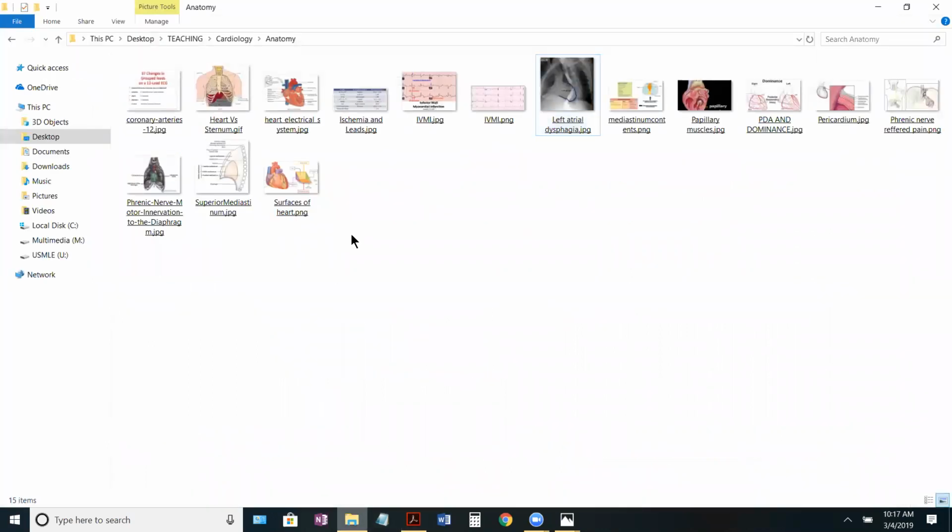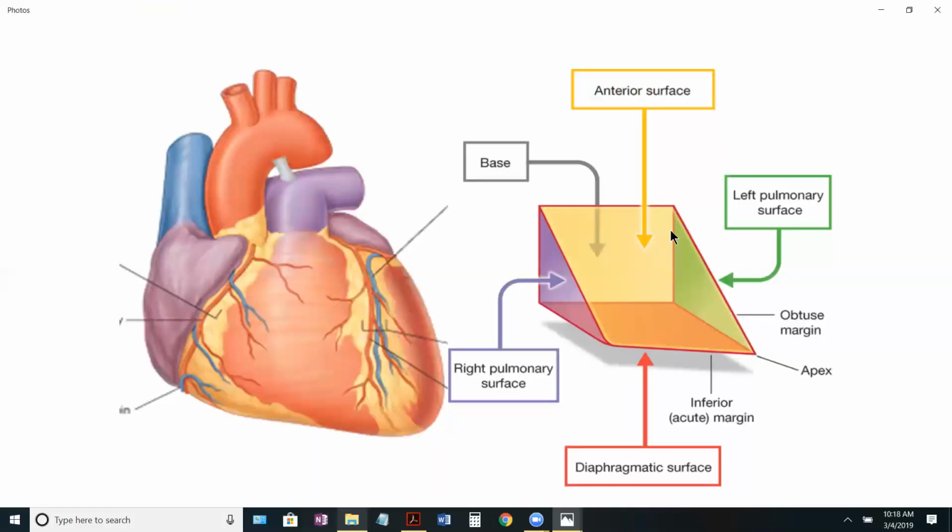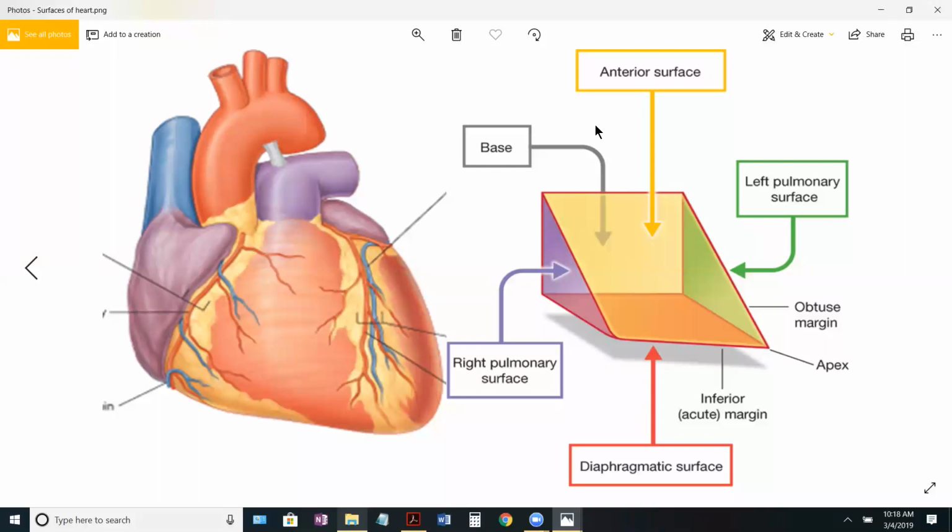Now, another important and extremely high yield concept for exam purposes is that you have to look at how exactly the outer surfaces of the heart are made.